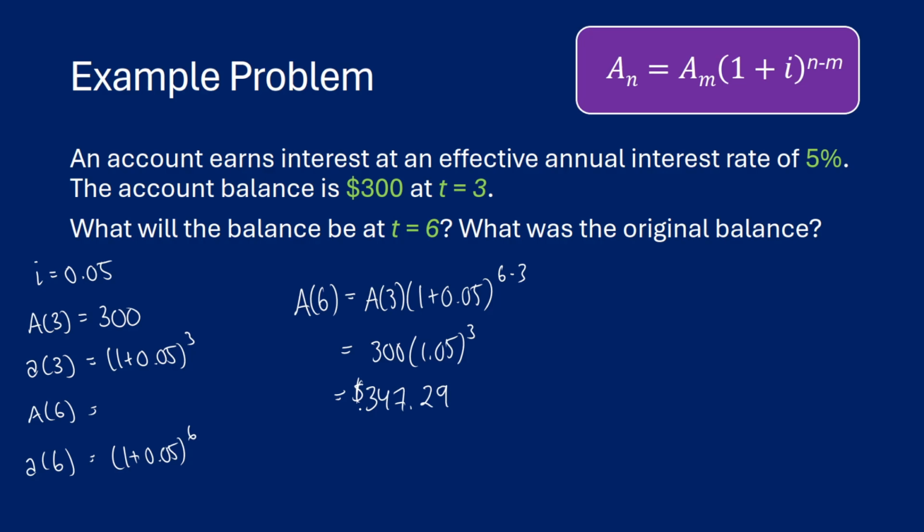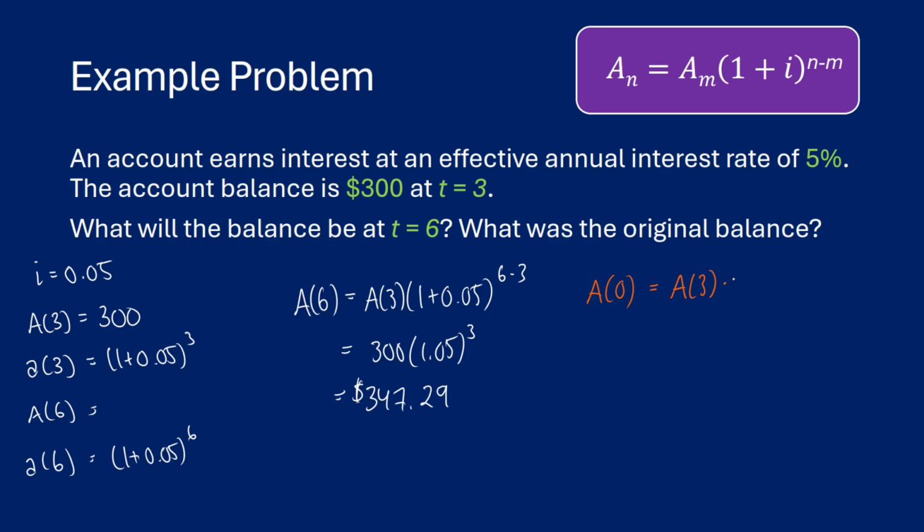Now we want to find the original balance as well. So what is the original balance going to be? Well, that's just going to be the amount at time 0. So if we do the same thing as before, we know that the amount at time 0 is just going to be, well, we can pick any of these here. So let's pick big A of 3.